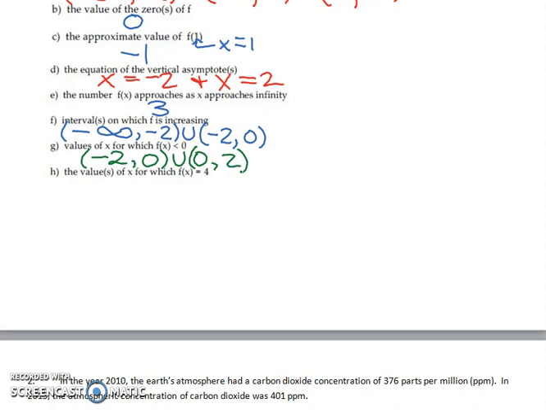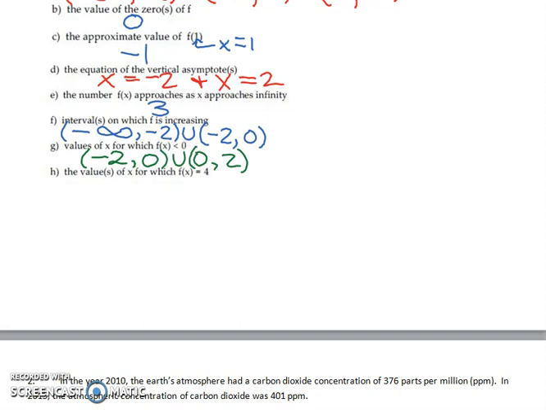What that's saying in green is that I'm going from negative 2 to 0, but I'm not including 0, and I'm going from 0 to 2, but I'm not including 0. So I'm running from, essentially, negative 2 to 2, but I'm leaving out this 0 in the middle.